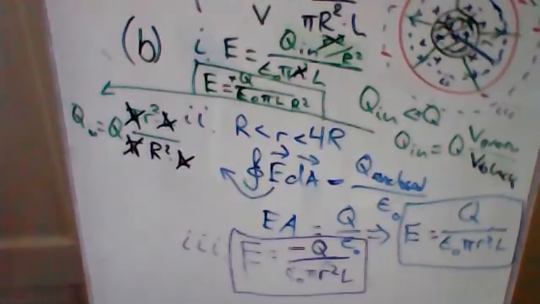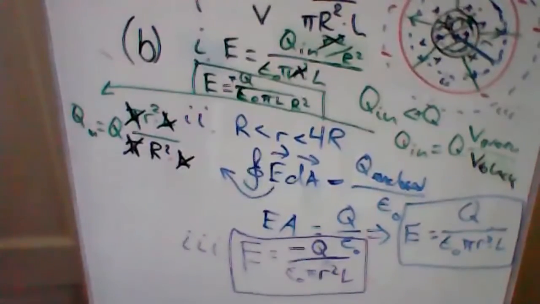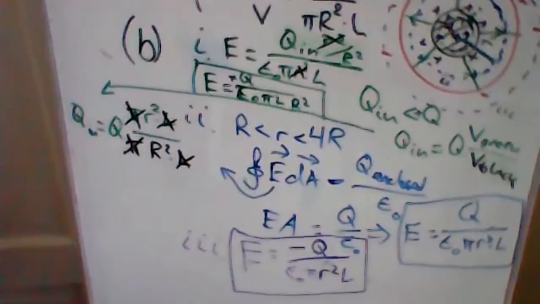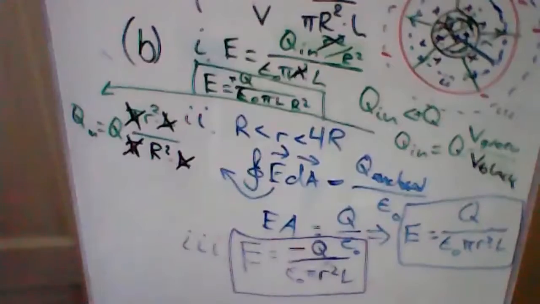Let's see what they got for their solution. They got Q over pi R squared. Here we go, part B1. Wait, what? We got a two, what's going on there? They got a different result, don't they?